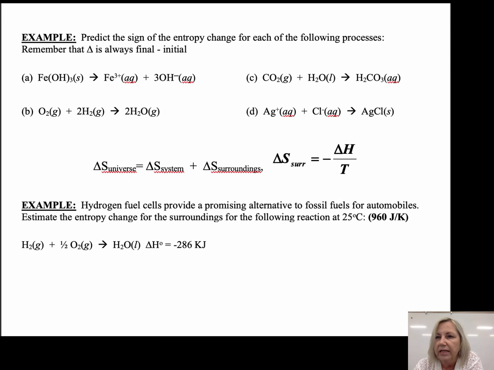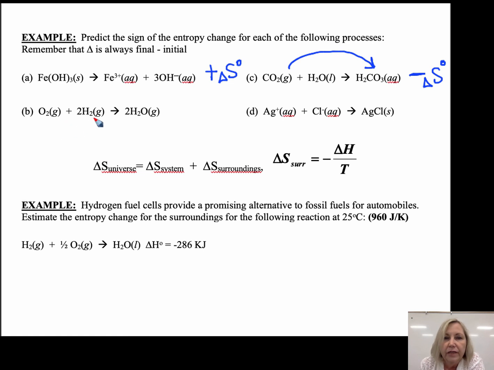Okay, so now let's predict some signs of changes. We go from solid to aqueous. Aqueous has much more freedom. These ions are swimming around in water, so a lot more freedom than when they're bound into a lattice, so that's positive. I have a gas plus a liquid going to aqueous, so I'm trapping my gas. I'm going to predict a negative delta S for that, and a negative delta S naught.